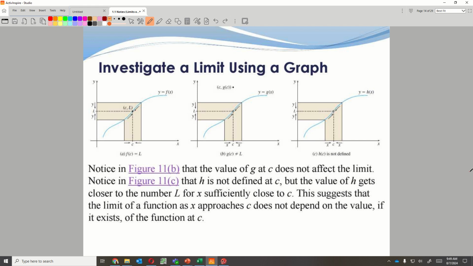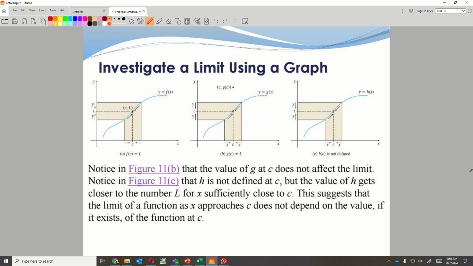And then, same thing goes for here. So, left side, right side goes to this one. Okay, so right here it says, notice in figure 11C that H is not defined at C, but the value of H gets closer to number L, significantly close to C, suggests that the limit of function as x approaches C does not depend on the value of the function at C.